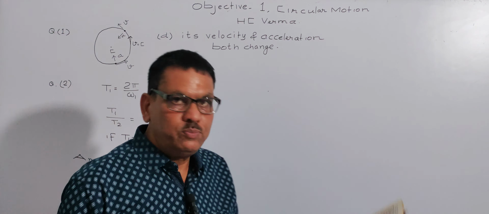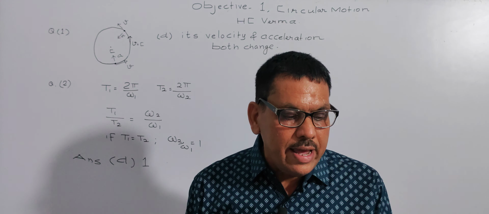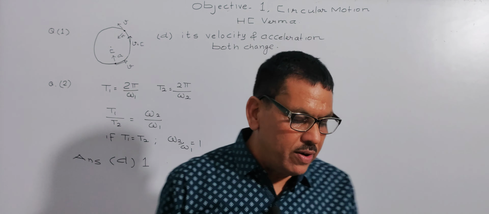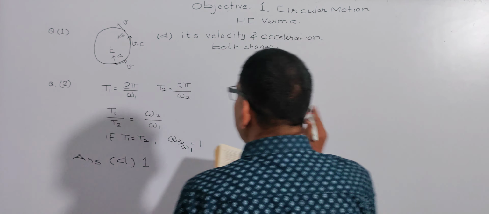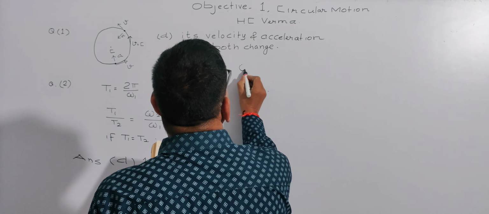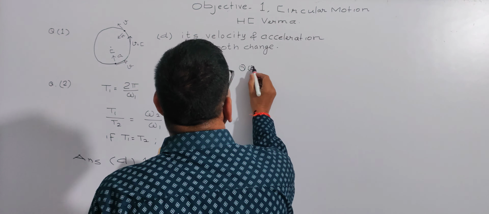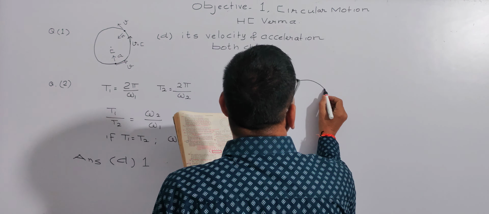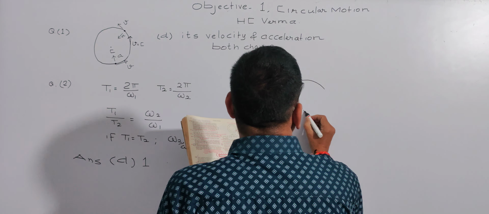Now third question. What is third question? A car moves at constant speed on a road as shown in the figure. Now what is the figure given? Let us see question number 3. This is a circle of smaller radius.